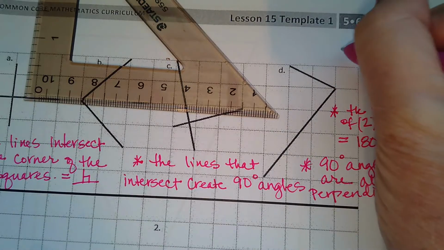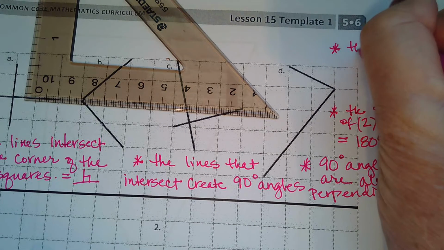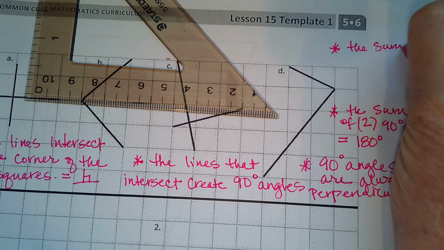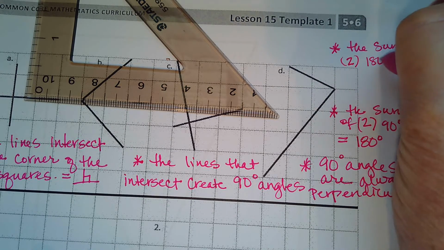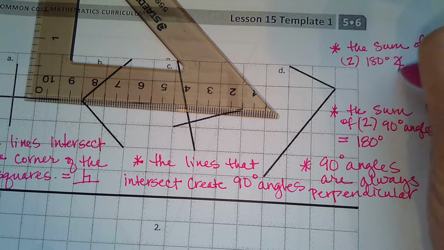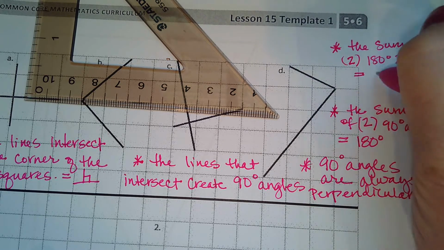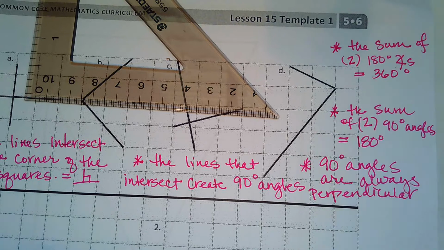We also know the sum of two 180-degree angles is equal to 360 degrees.